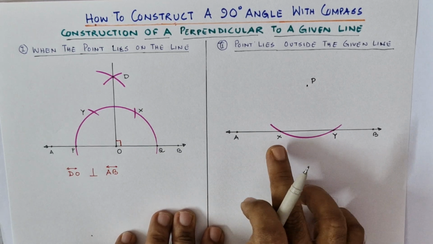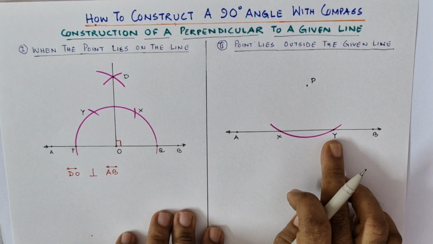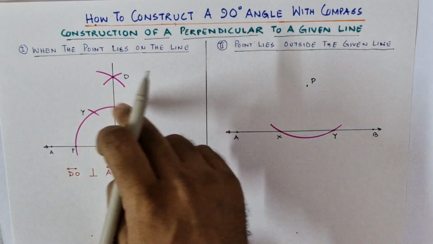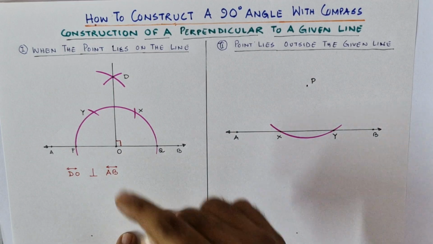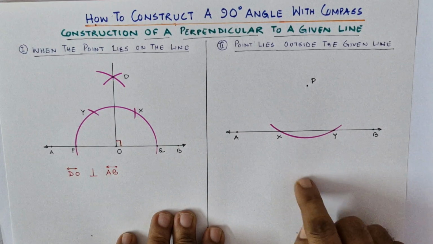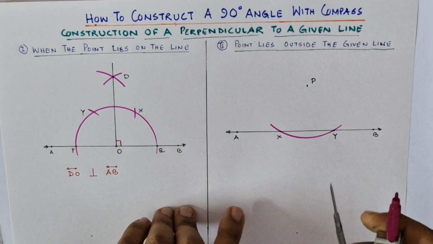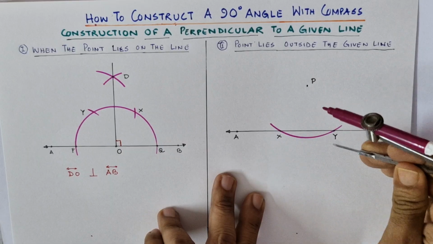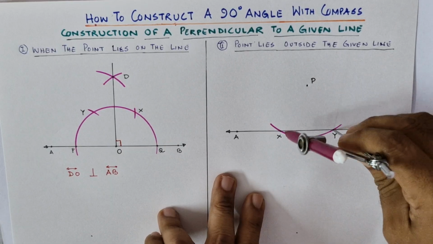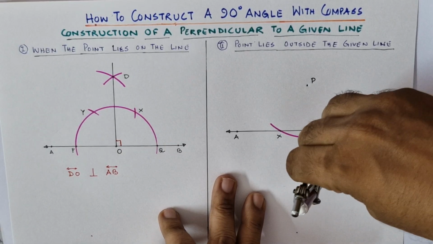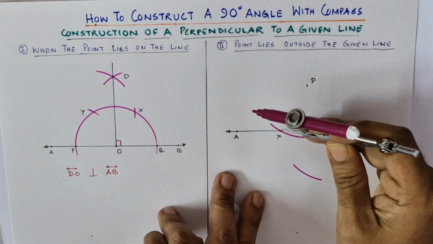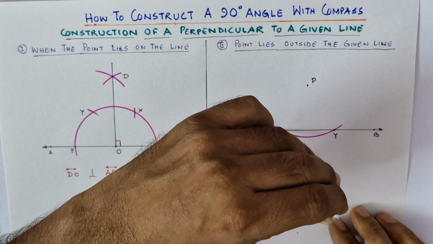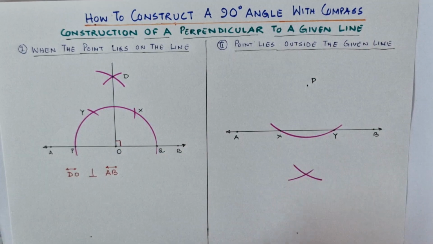Now again, take X and Y as the center and draw two arcs intersecting each other, like we have done here. This was above and this will be below. Don't change the radius that we have taken. So from X we'll draw an arc and from Y another arc, intersecting each other.